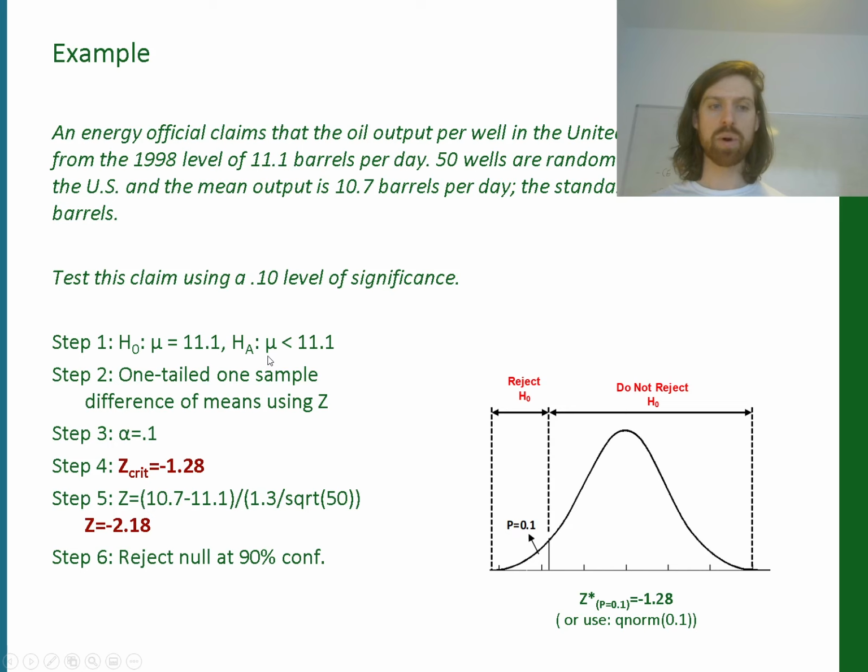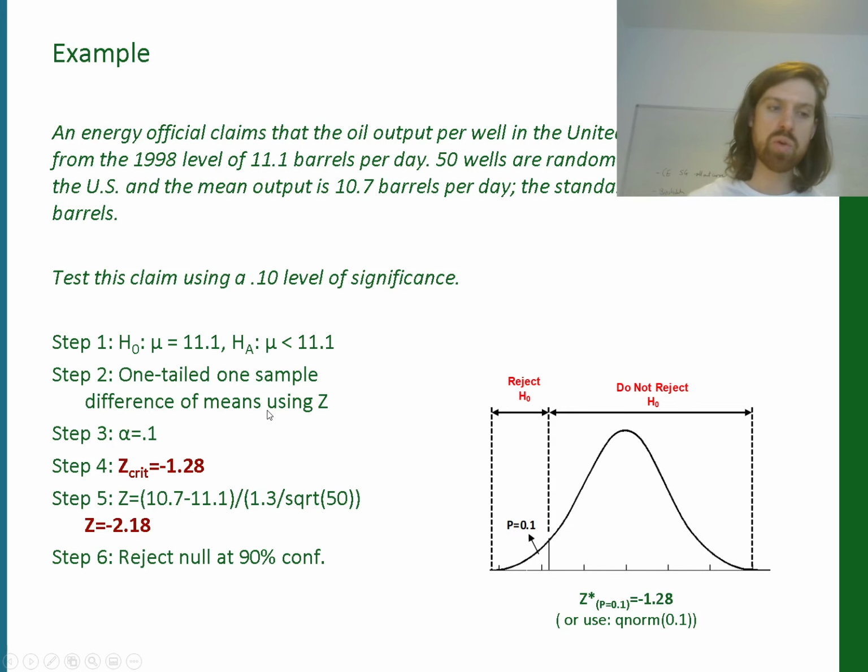Whereas the alternative hypothesis, and it's a directional hypothesis, indicates that the mean that we've collected is lower than the population mean. Okay. And then in step 2 here, we use the one-tailed one-sample difference of means using the Z-score. I think that's fairly straightforward. We've used this already. I've shown you how to do that in the previous example.